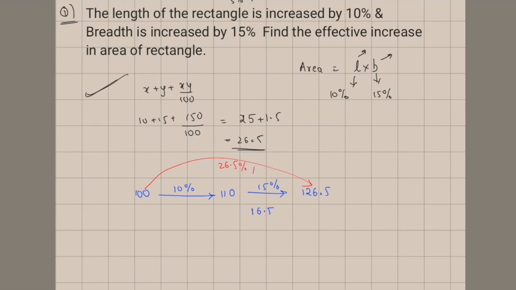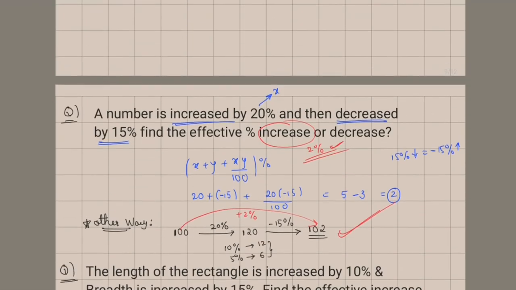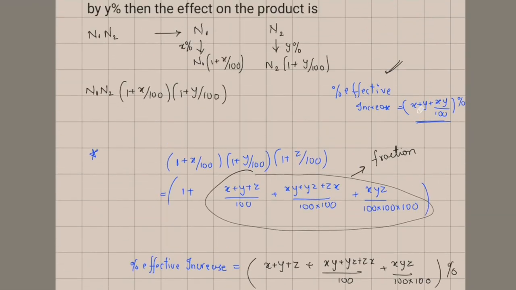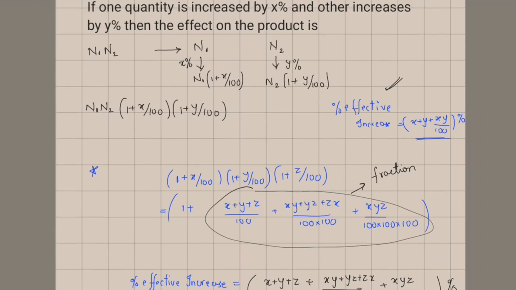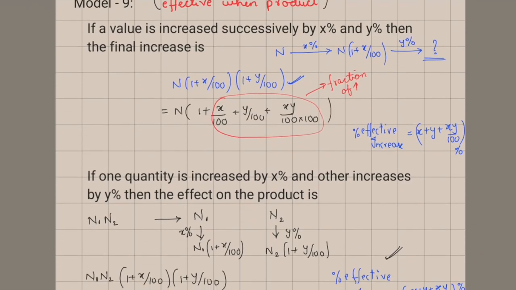So the same answer. In both cases we got the same answer. You can do it this way when more than 2 terms are given. When 2 terms are given, please do it this way, which is x plus y plus xy by 100. These both cases are the same. Why? Because of the concept behind these two.